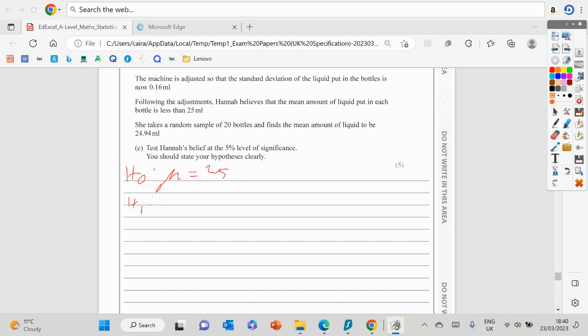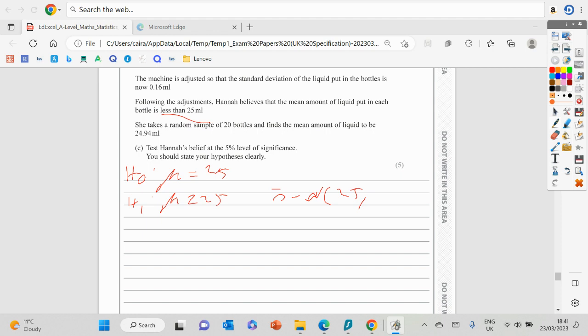The alternative, H1, is that mu is less than 25, as it says there. So we can do D bar is normally distributed with 25, comma. Now this is where that formula is that's in the formula book, on page, let me find it. It's right at the bottom of page 8. Well, I say at the bottom, it's more in the middle.